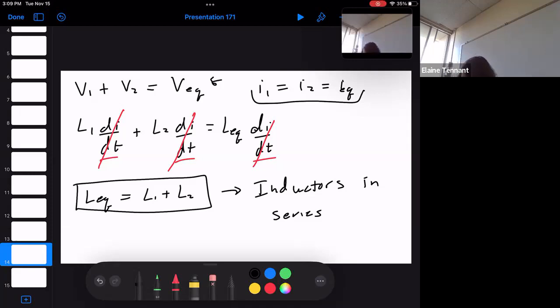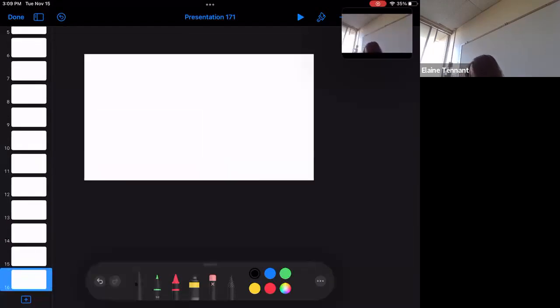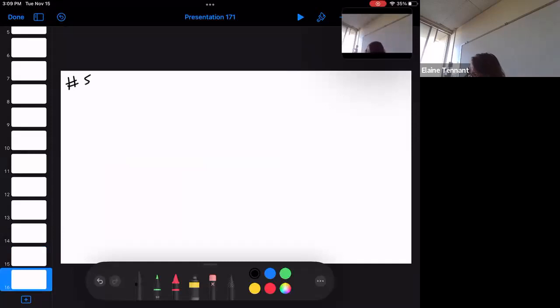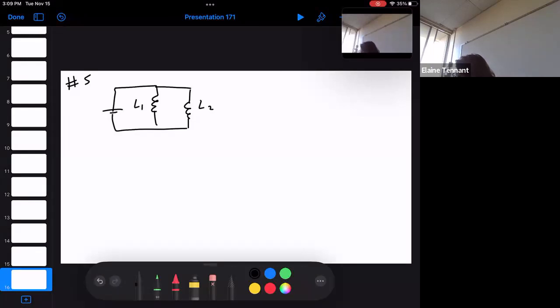Which brings us to number 5, where we have two inductors in parallel, L1, L2, and we are of course comparing that to an equivalent inductor that does all the same stuff.